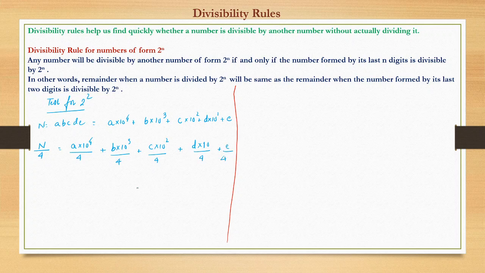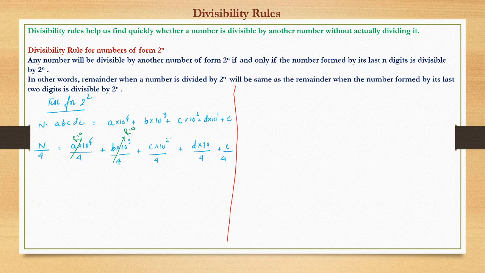Now see, the first term here, 4 will divide 10 raised to power 4, 2500 times, so the remainder is 0. Here 4 will divide 1000 also 250 times. Here also 4 will divide 1000.